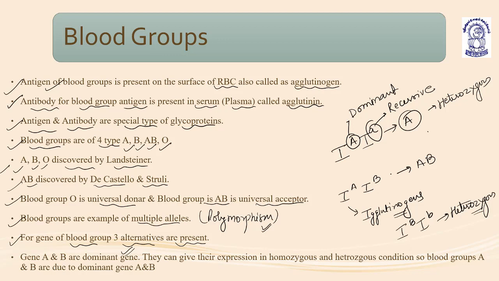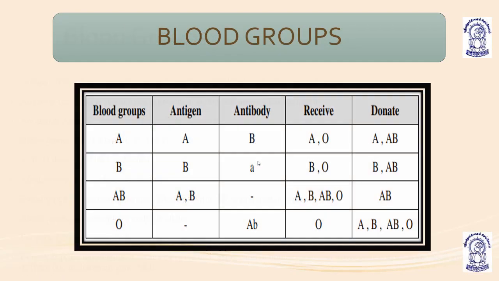So A and B are dominant over blood group O. They give their expression in homozygous as well as heterozygous conditions. So blood groups A and B are due to dominant alleles A and B. Understood? If a person has blood group AB, it is an example of codominance.